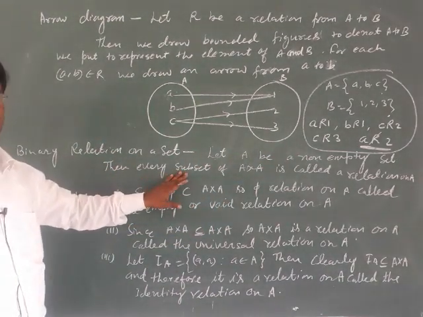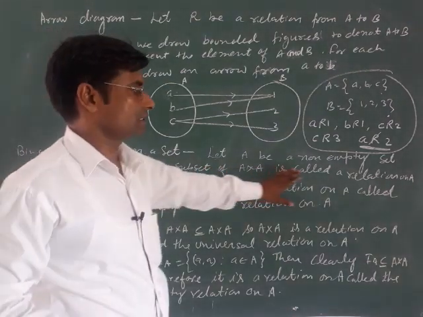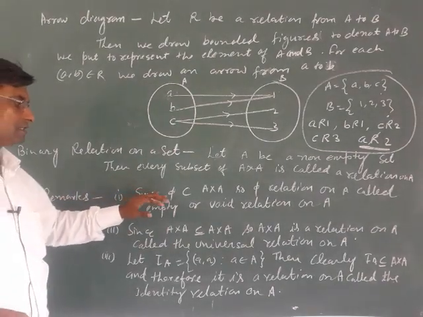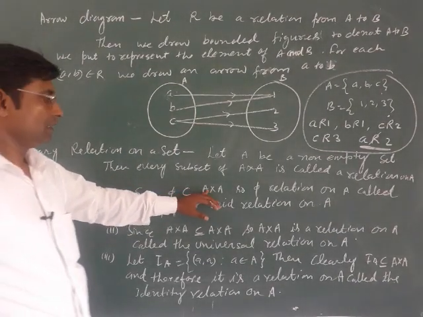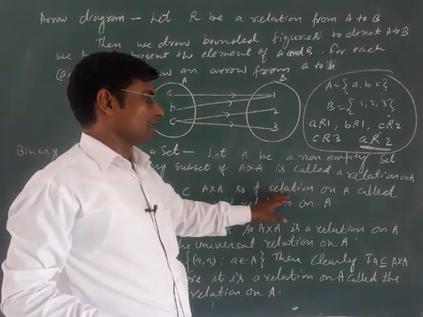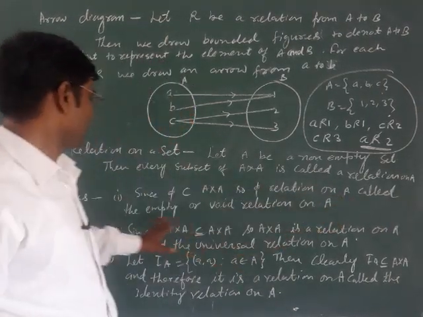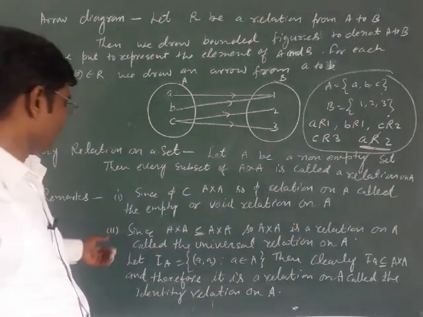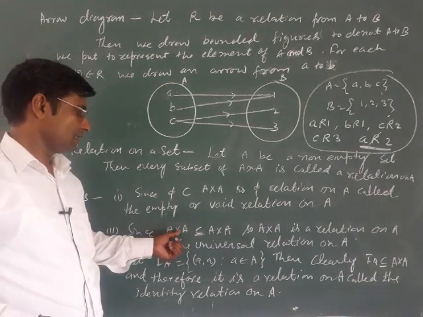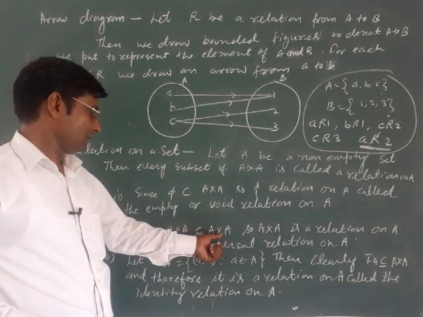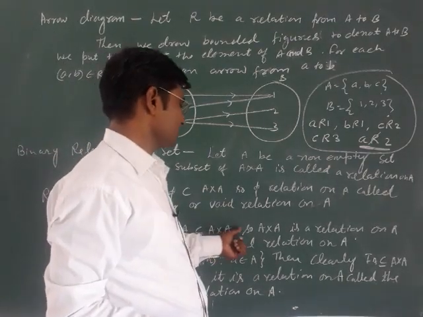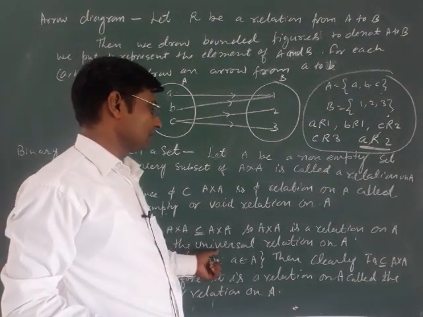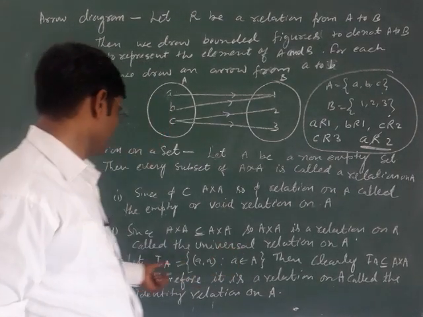Then every subset of A cross A is called a relation on set A. So remark: since phi is a subset of A cross A, phi is a relation on set A called the empty or void relation on set A. And since A cross A is a subset of A cross A, A cross A is called a relation on A. So this is called the universal relation on set A.